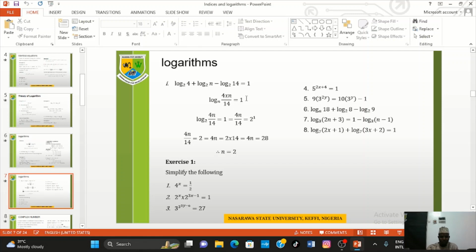And that will be equal to what? 1. So 4 times n will give us 4n. So log 4n all over 14 to base 2 equals 1. So in this case, we can now transform this as we do it in the law of indices.